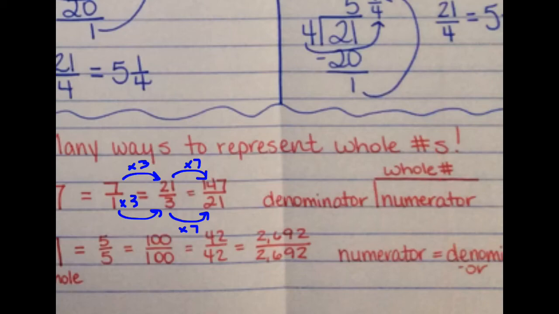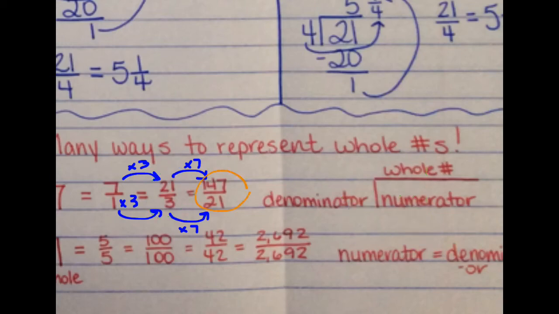So if we had 7 divided by 1, like we had right here, 1 will go into 7 7 times. 7 times 1 is 7. If we look at this example right here, divide the numerator 21 by the denominator 3. 3 goes into 21 7 times with nothing left over.